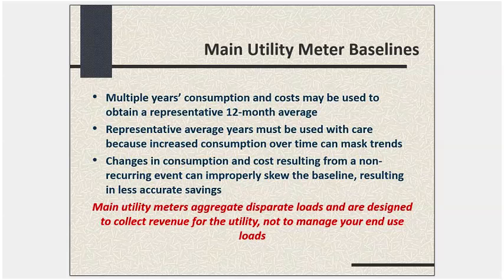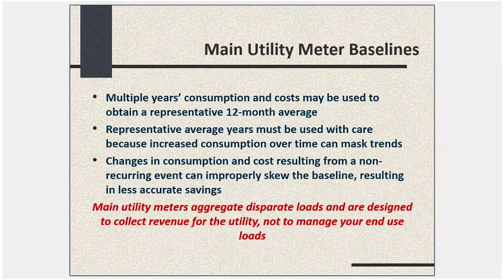But when you smush the 3 years together into an average, it may disguise some things that are actually occurring. Also, there can be a non-recurring event in one of your years that you pull into an average, and it's out of whack and it improperly skews the baseline.